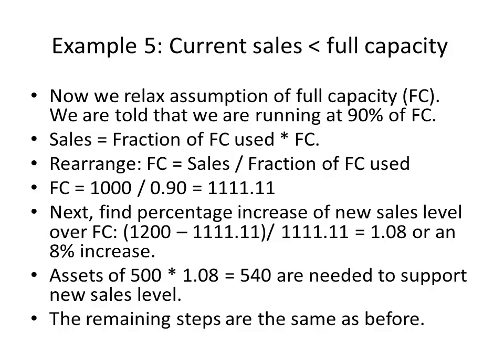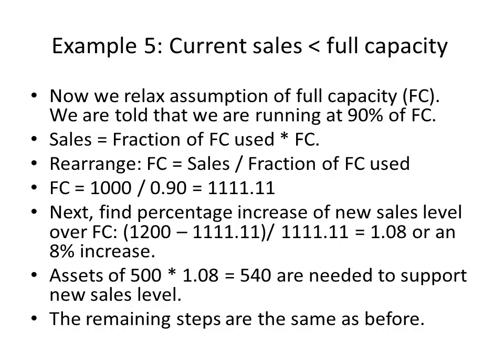Our new sales level is going to be 1,200, which is simply 1,000 raised by 20%. We find that percentage by subtracting out full capacity from our new sales level and dividing by full capacity. So we take 1,200 minus 1,011.11 and divide by 1,011.11. That gives us 1.08. This represents an 8% increase over full capacity.